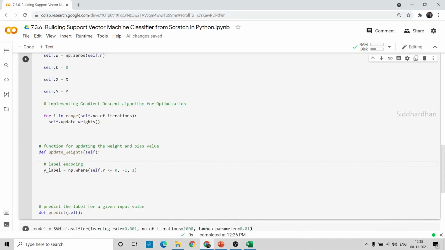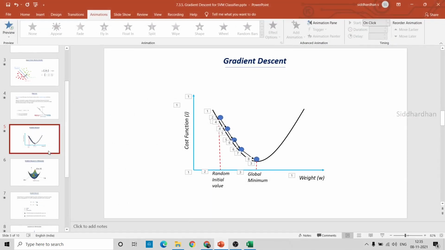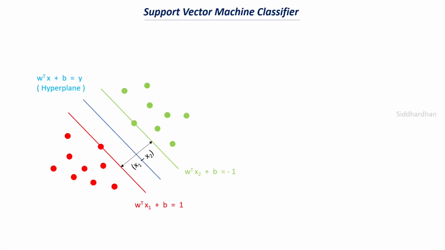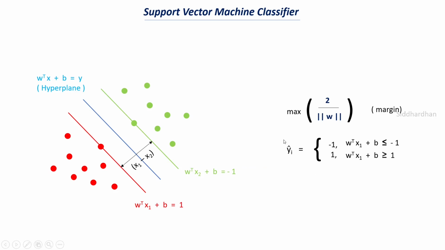If you come to this particular slide, what we will basically try to do is find this y cap value. The y cap value is nothing but your label value, and this label value will be either 1 or -1. If the value is +1, then we can say that the new data point belongs to this group of data. Or else if the label value is -1, we can say that the new data point lies in this green colored group of data.